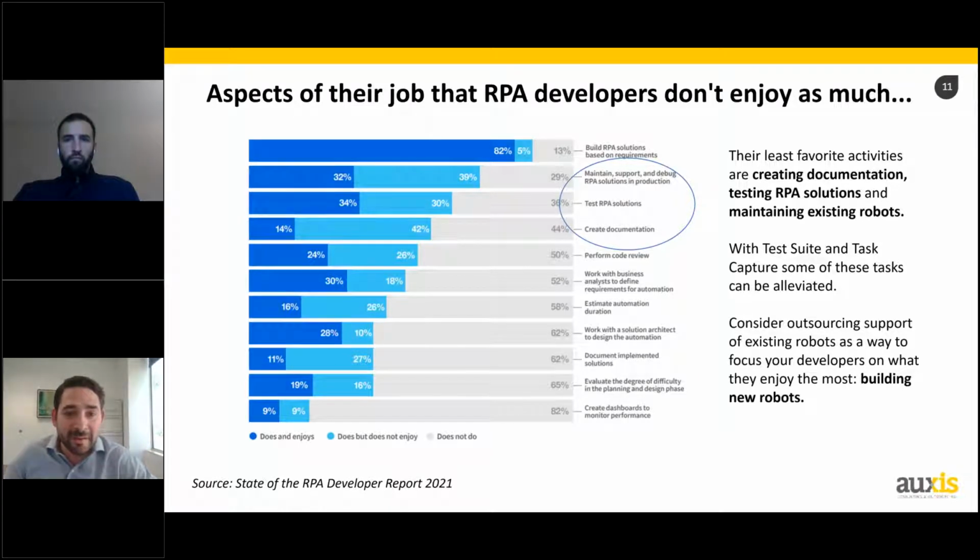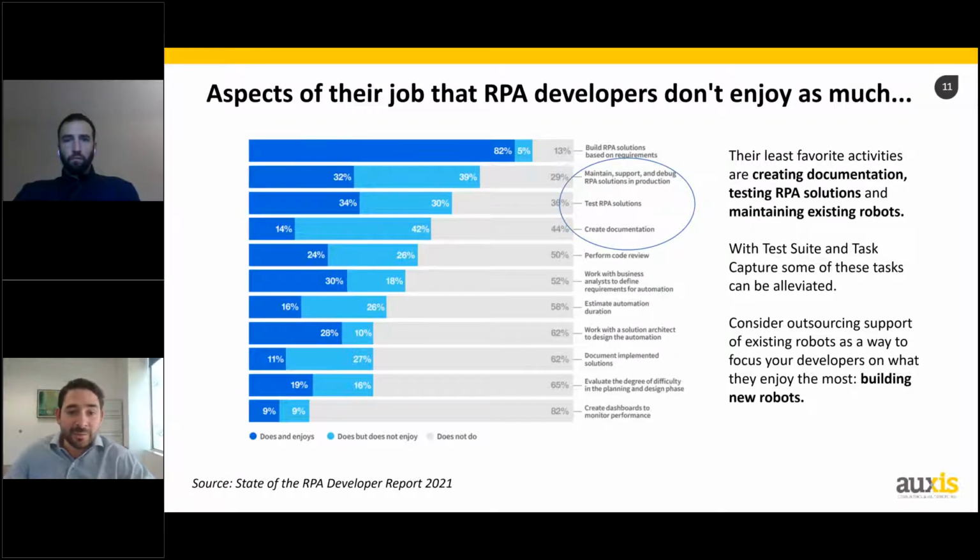Another point that we really like to see is what RPA developers are really enjoying and are not enjoying. And unsurprisingly, building new things is the number one thing they love to do, which is the top one. 82% of them really enjoy building new automations. But on the other hand, we're seeing that maintaining robots, testing the solutions and creating the documentation are the ones that drive less satisfaction.